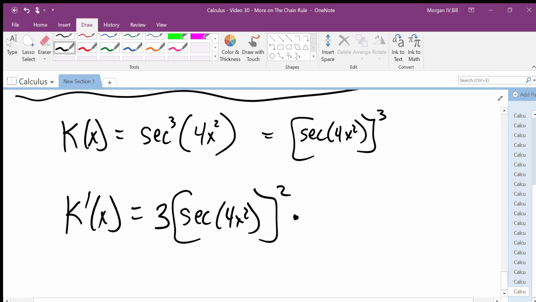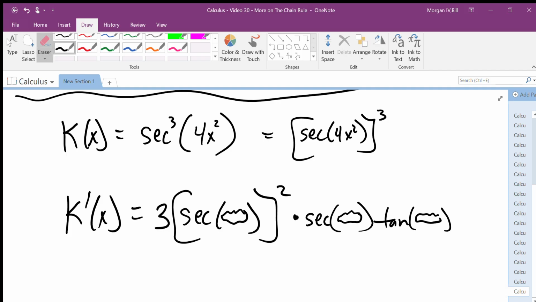But what's the derivative of secant? It itself is a chain rule with the secant being the outside function and the 4x squared being the inside function. So what you're thinking of is the 4x squared here. You're thinking of blob, right? There's your blob. The derivative of secant is secant of the thing, tangent of the thing. So this is secant of blob, tangent of blob. But our blob happened to be 4x squared.